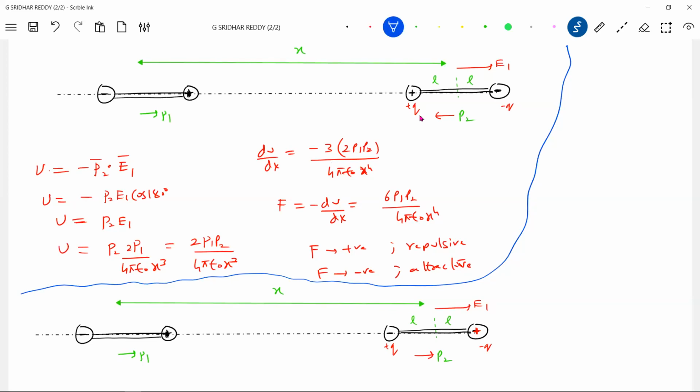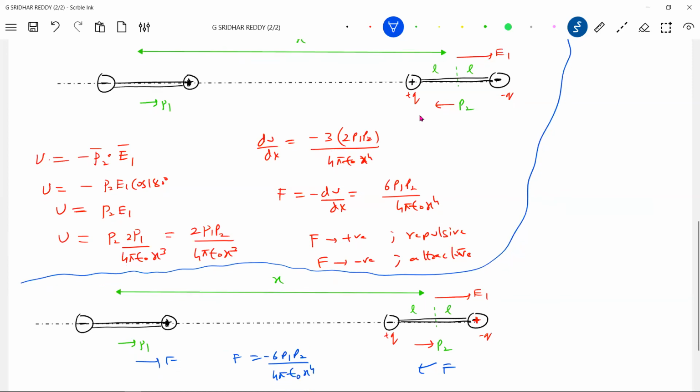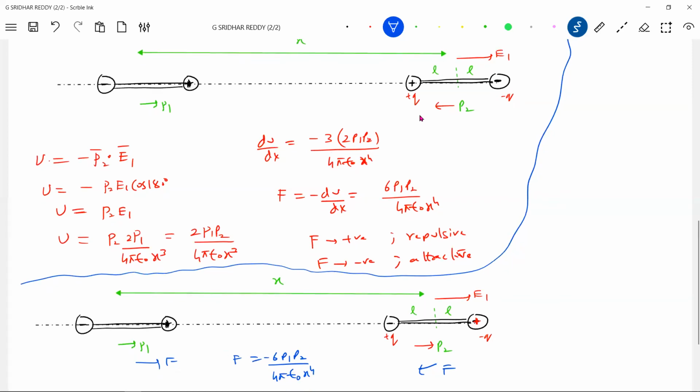In fact, you check it, calculate, no? F will come negative. So again, the force of interaction will be F, equal to 6 P1 P2 by 4 pi epsilon naught x to the power of 4. Solve it mathematically, you'll end up with a negative sign, so it's attractive.